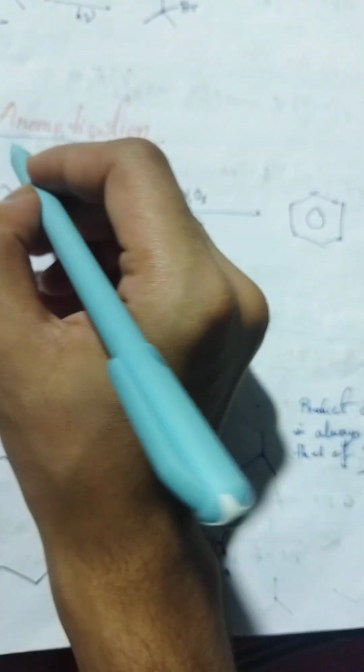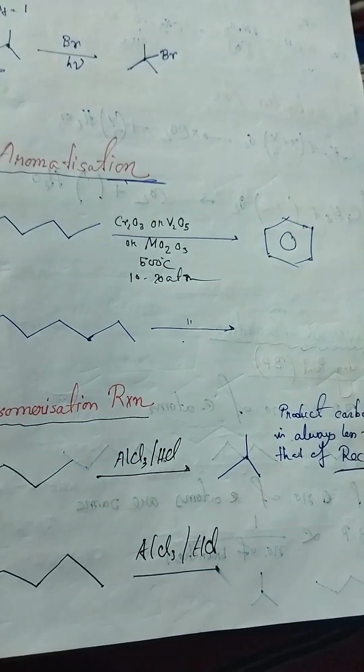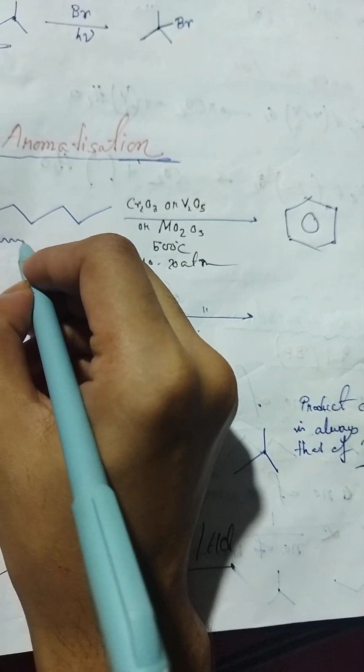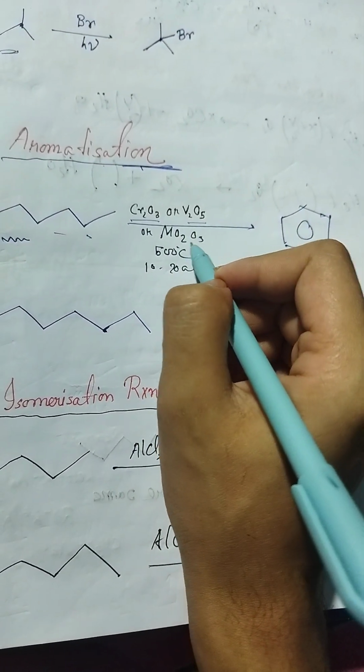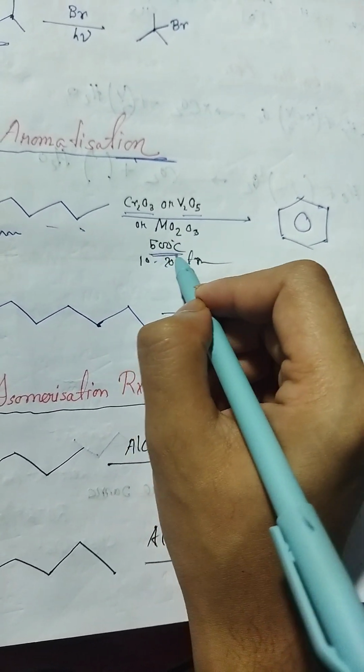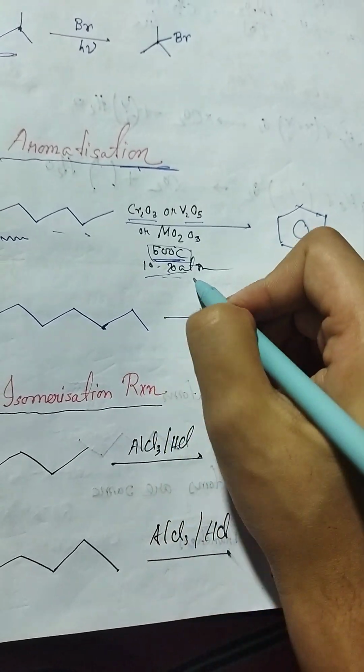Now talk about aromatization. What is aromatization? The minimum carbon needed is 6, and it reacts with Cr2O3, V2O5, Mo2O3 and needs high temperature and 10 to 20 atmosphere.